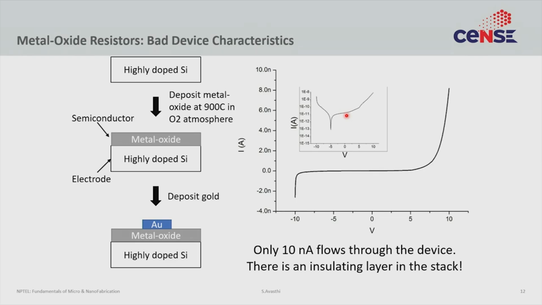What the student extracted from this test was that my metal oxide is very insulating. But it is a wrong conclusion. And the reason is that he has missed something in the process flow. If you look in detail, after he did the metal oxide deposition at 900 degrees C in oxygen atmosphere, can you spot what the problem could have been?